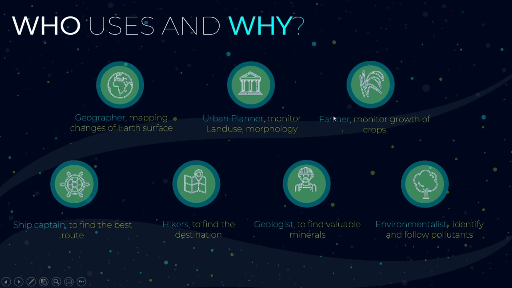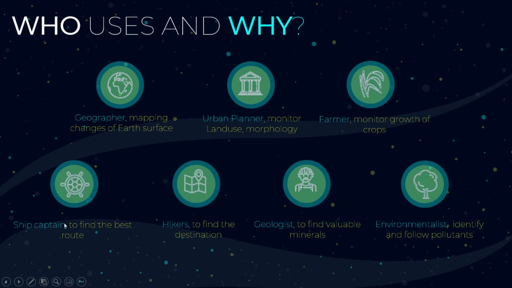Then the farmer can use remote sensing to monitor the growth of the crops. Suppose you have a large vegetation cover, and when you are out of the city, you can monitor your crops using remote sensing and monitor the healthiness, and you can take the relevant precautions for the vegetation where the health is low.